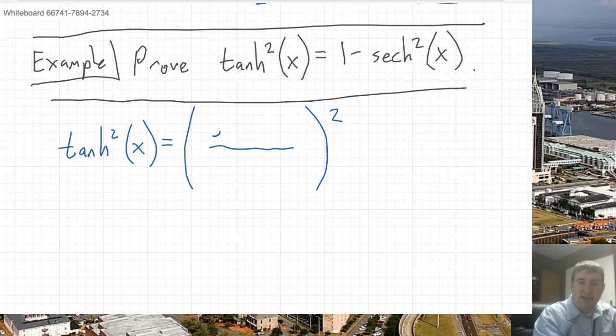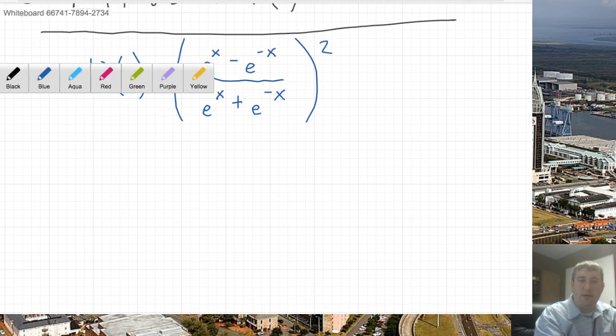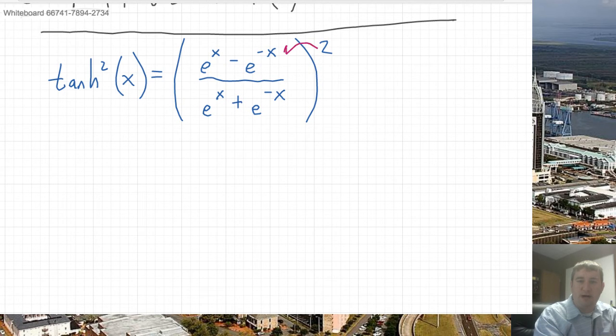And it's a negative on the top because it's sine over cosine. We'll do it again on the bottom. Positive. Now, I can square the top and I can square the bottom.